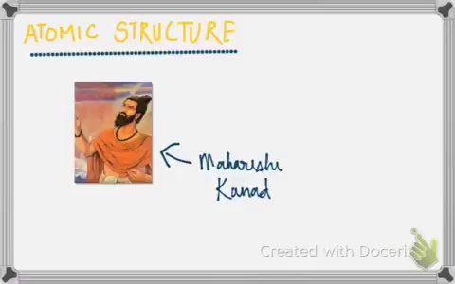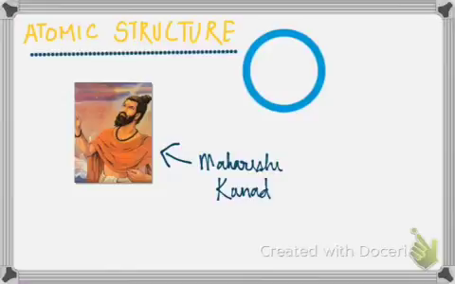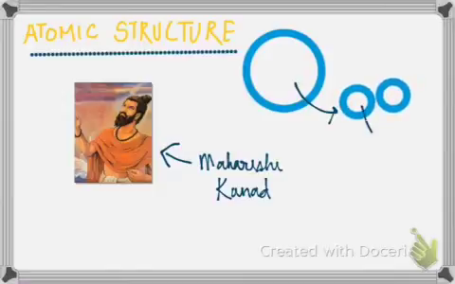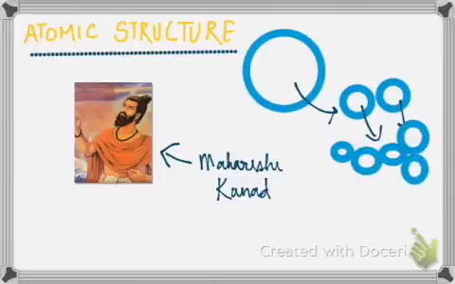He proposed that if there is a piece of matter, then this matter can be broken down into two pieces, and these two can be further broken down into more pieces.